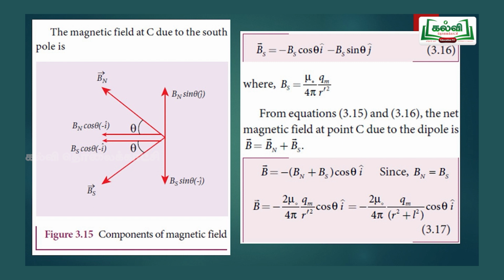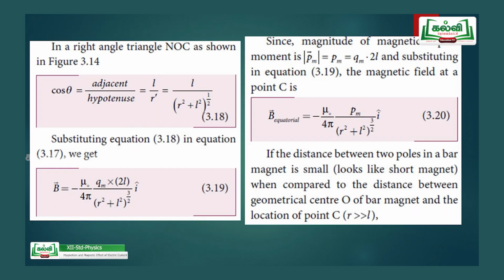Again from the diagram we are going to calculate this cos theta. We have already calculated both the sides. From the triangle, we have two triangles there, and from any one of them we are going to calculate this cos theta, and then substitute it in that equation.